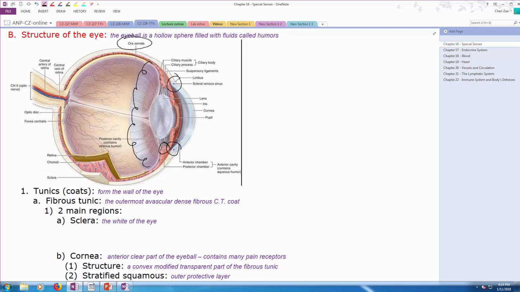Just like most swimming pools have an overflow gutter for the pool water to flow into, same thing here. And so if that gets blocked, then you experience a phenomenon called glaucoma.